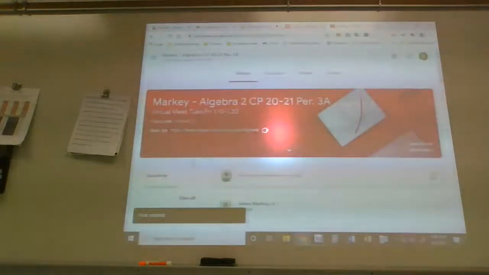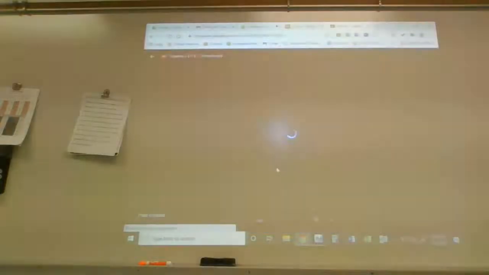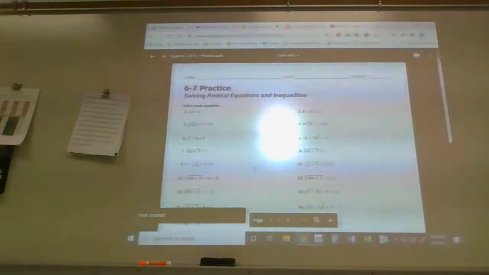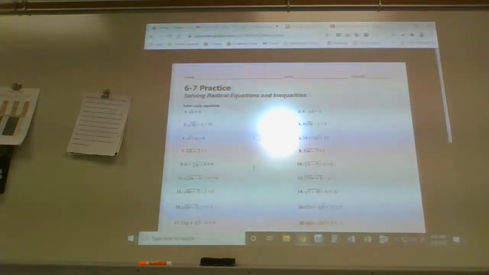There it goes. It should be getting to you in a moment. But this particular PDF are the problems that I'm going to be working off today. I'm going to be referencing the problem number. So if you need to see it more clearly, you can, of course, go to the practice worksheet 6.7. And we are going to be working off of these particular problems.